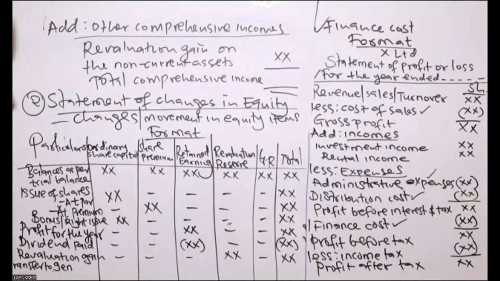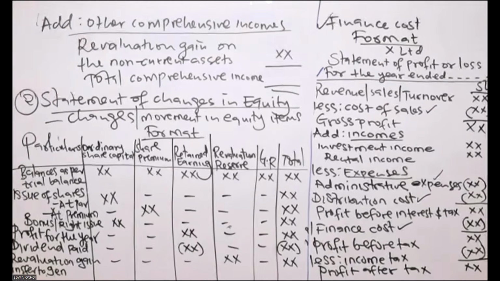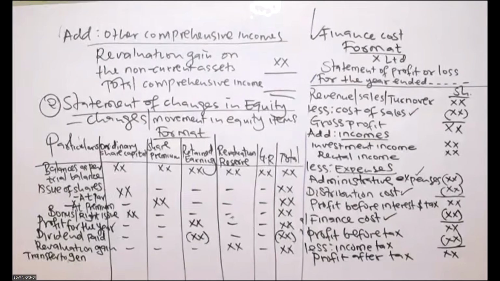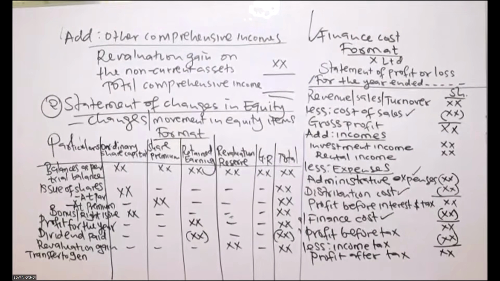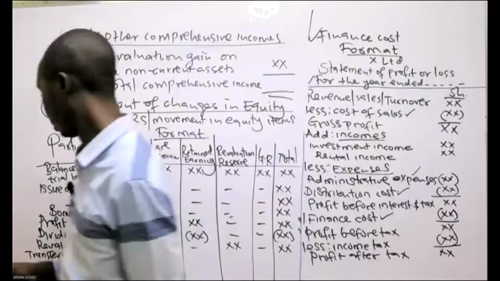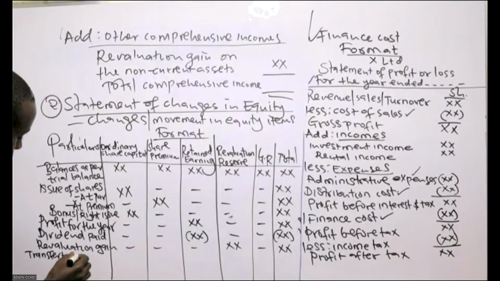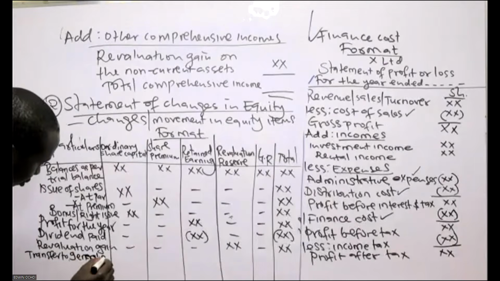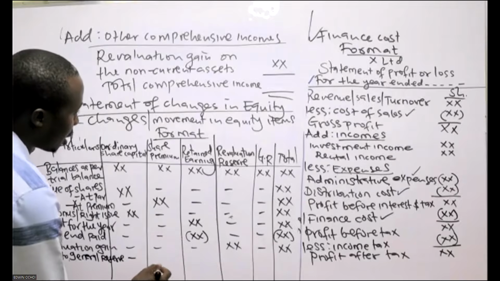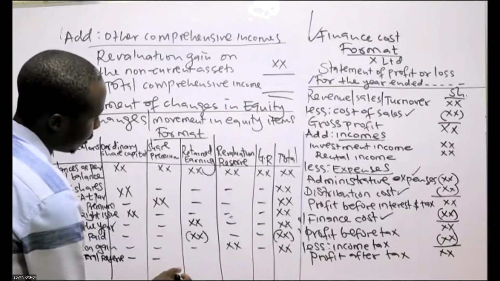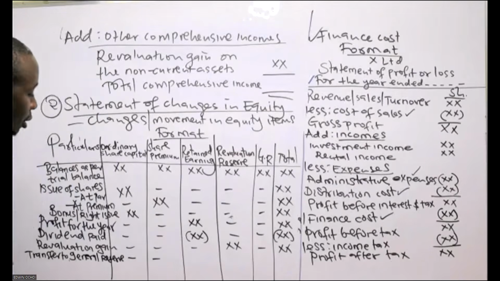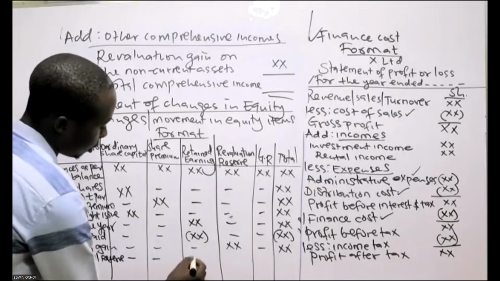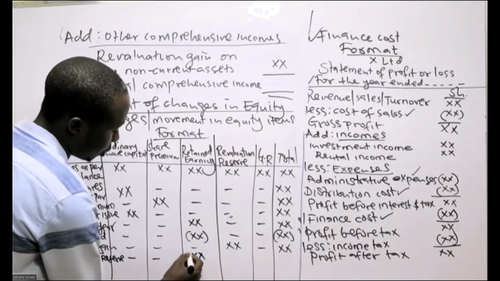Let me zoom this, just a minute. So transfer to general reserve. You will find that there is a profit, maybe they were setting aside for an unforeseen future event. So there's some profit which they have decided to reserve.